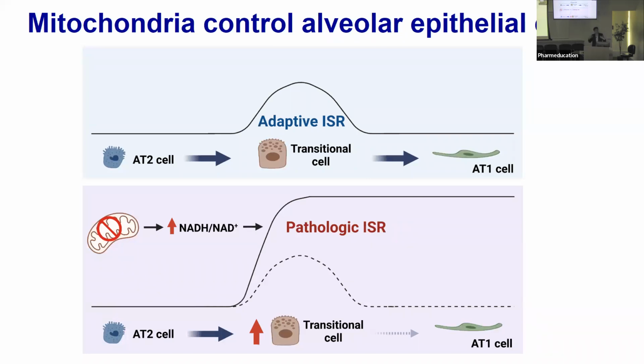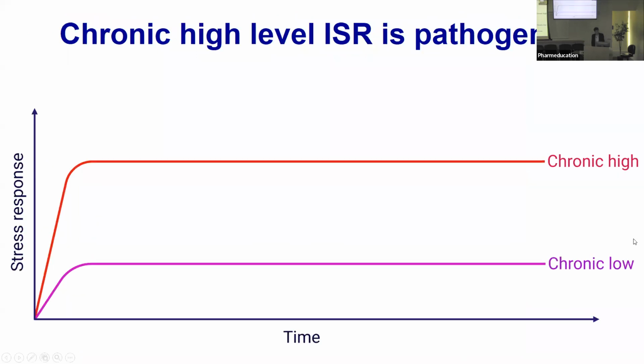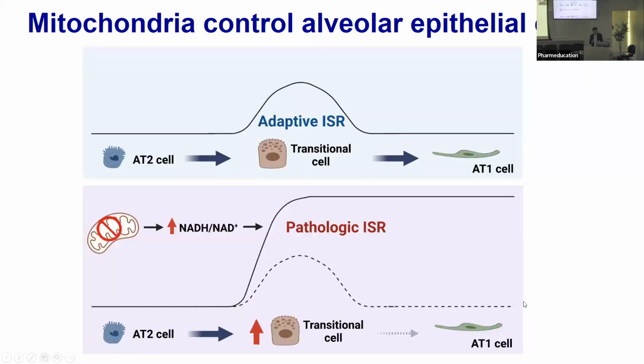In other words, they have impaired respiration equally, but they have a very different ISR. One has a very chronically high ISR, the complex 1 knockouts, and those mice die. The complex 2 have a chronically low ISR signature and they live. So that's sort of the working model that we have.